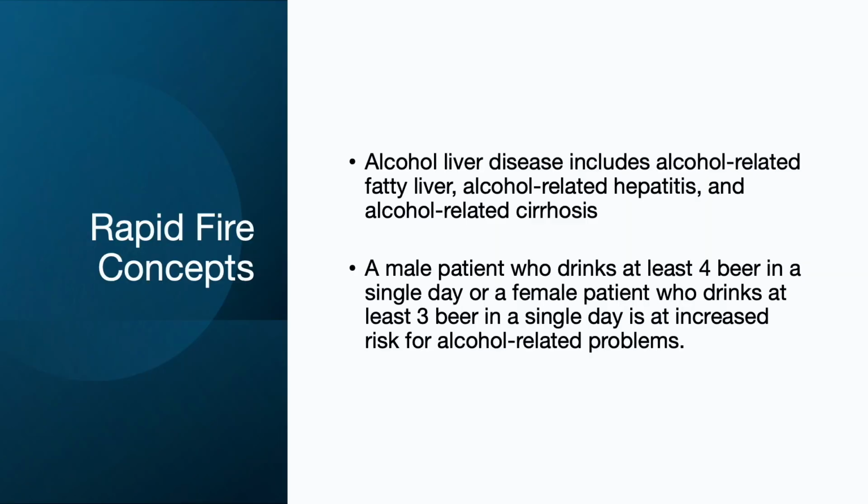Now let's do some rapid-fire concepts. Alcohol liver disease includes alcohol-related fatty liver, alcohol-related hepatitis, and alcohol-related cirrhosis. A male patient who drinks at least 4 beers in a single day or a female patient who drinks at least 3 beers in a single day is at increased risk for alcohol-related problems.